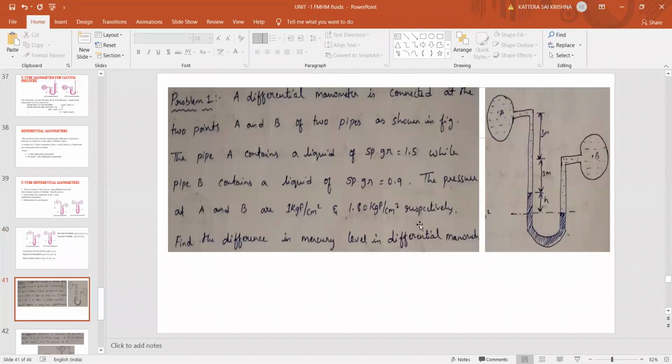Right. So please copy the first problem on this differential manometer. Is it visible? Or I will show the PDF format if you need, like yesterday.